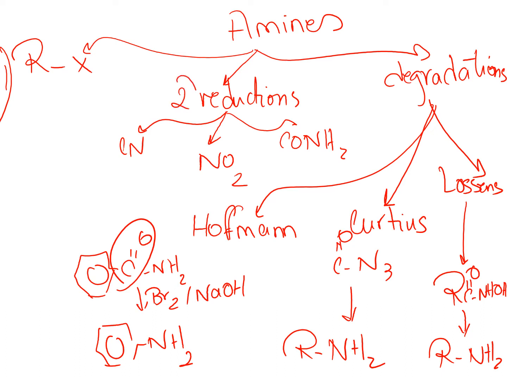You can use the reduction technique, in which you use either the cyano group, the nitro group, or the acid amides. And finally, you have the degradation techniques, in which you use either the Hofmann reaction through using the acid amide, or the Curtius reaction through applying your conditions to the acid azide, or finally you can use the Lossen reaction by using the hydroxamic acid compounds.